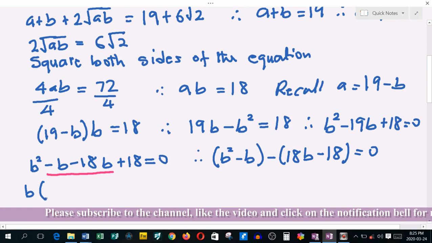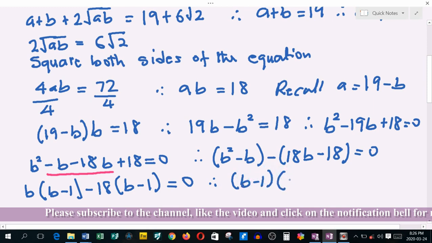This will give us b into b minus 1, minus 18 into b minus 1. This will give us 0. b minus 1 into b minus 18.